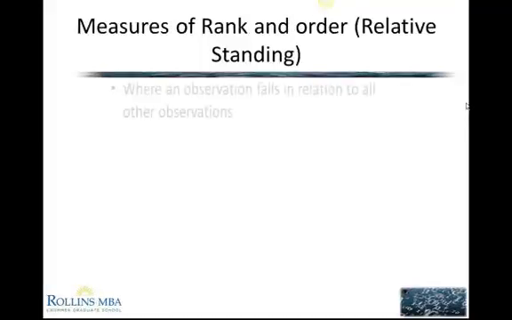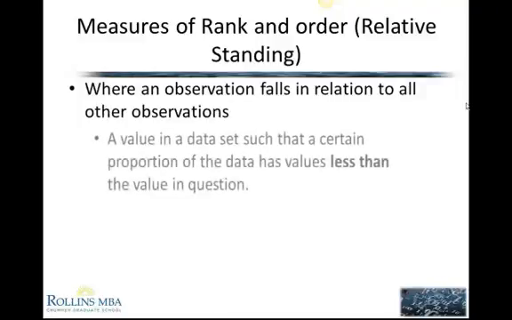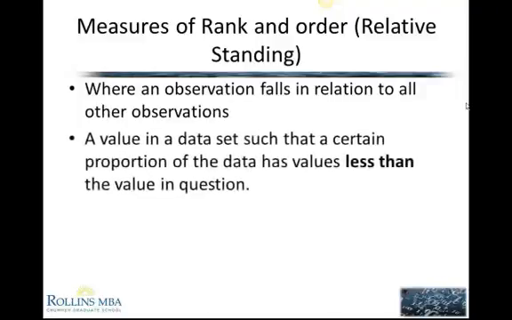So when we talk about rank and order or relative standing, we want to know, where does a given value fall in relation to all of the other observations? And specifically, what we're going to find are values in the data set for which we can say that a certain proportion of the observations have values less than that specific value.